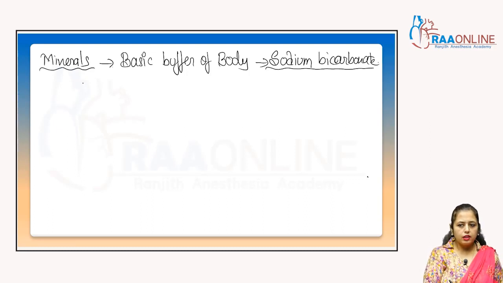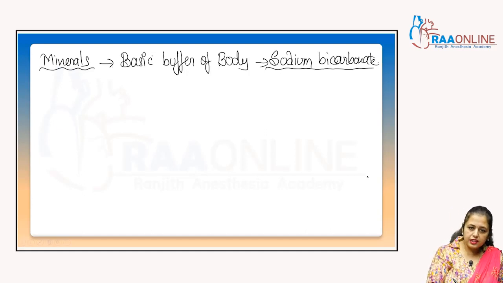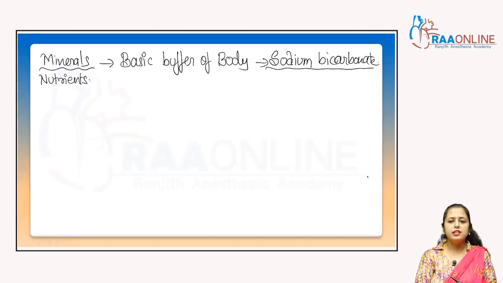Other than that, other things also maintain the buffer of the blood, like hemoglobin indirectly, and albumin. Some nutrients are also present in the plasma, like amino acids, glucose, fructose. Some excretory waste products like urea, uric acid, creatinine are also present in the plasma. Clear?